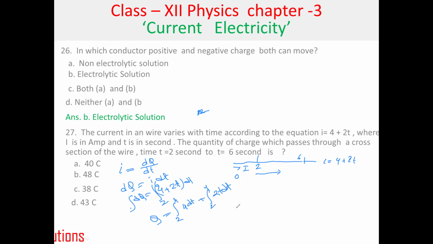So it is coming like this: Q equal to 4t plus 2t square by 2, with limits 2 to 6.